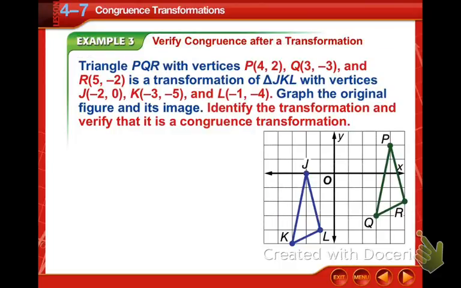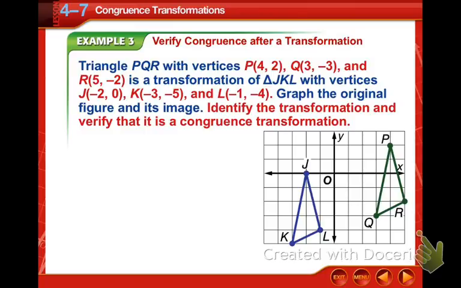Now, this next one, we have two triangles. They are pointing the same direction, so that kind of lends us to think that this is going to be a translation. So we want to identify the type, and we want to verify that they are congruent. Now, there's a few ways we could do that. Since we are given the picture, we can actually just find the slope of everything and make sure that the slopes have a pair to match up.